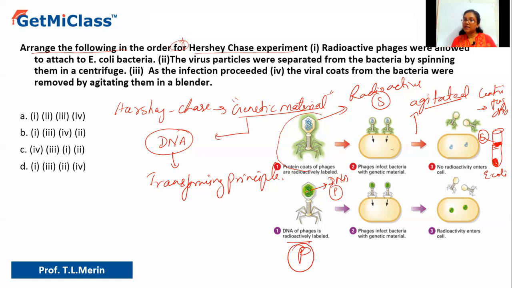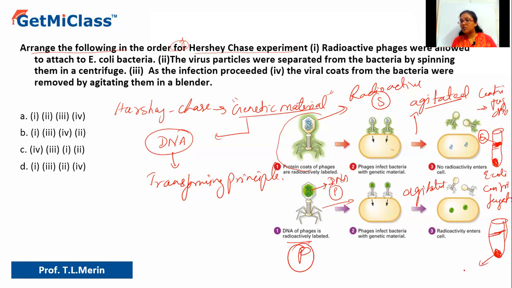That means the DNA is radioactive now. When these phage particles were allowed to infect bacteria, they agitated, and then centrifugation. Here they saw in the test tube this is the pellet and this is the band of phage. The band of the phage was not radioactive.